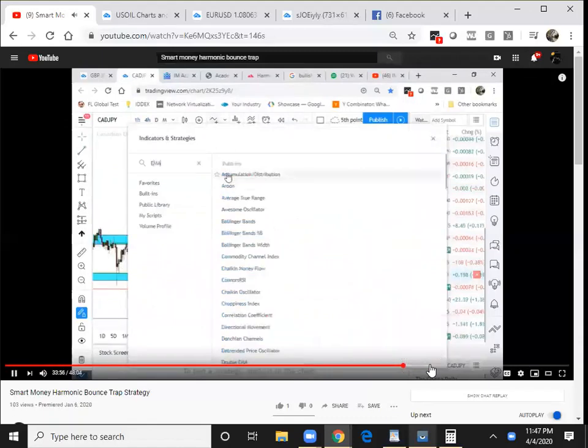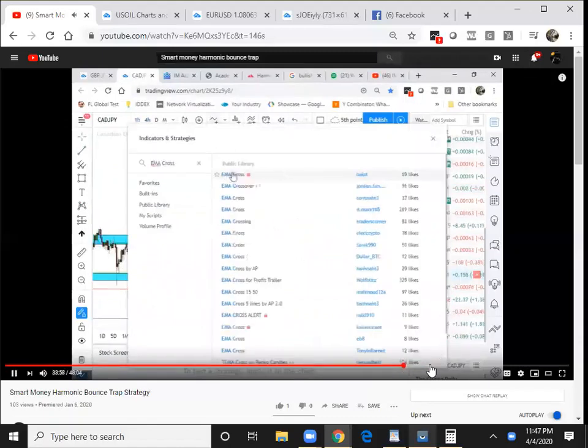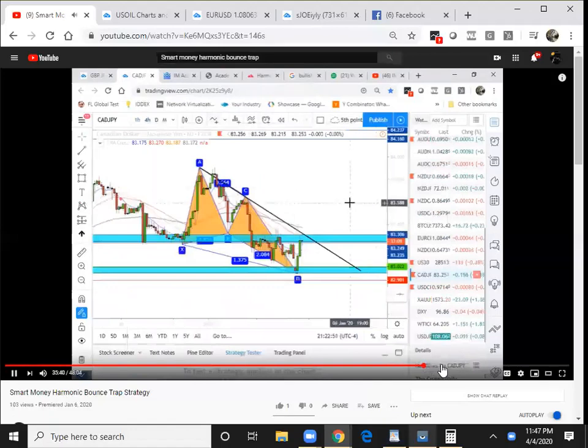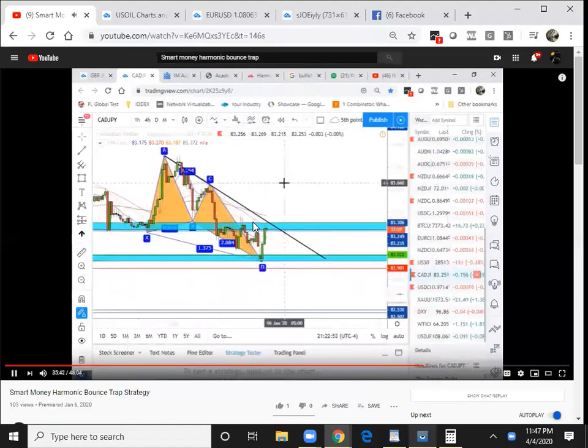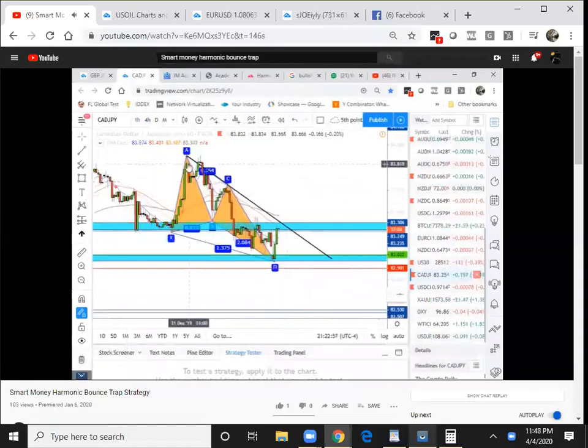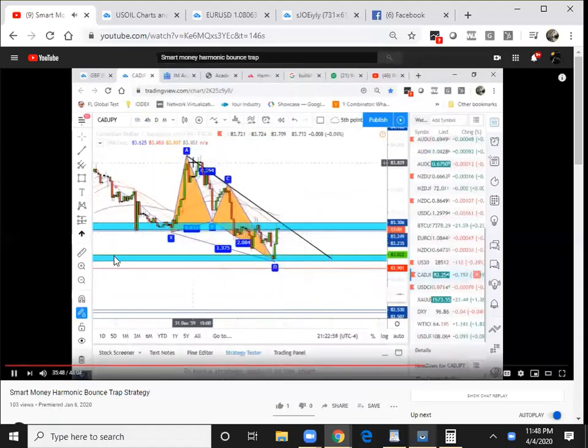I use a trend line and the EMA cross combination to be able to get a scanner actually better. When you get a signal from the bounce back scanner, you are then asked to draw a trend line and then identify. So if you look at this here, this is a scan, right?